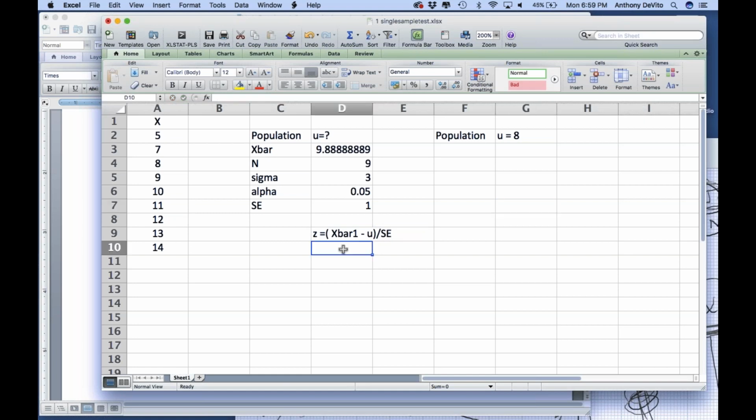So what is z going to be equal to? Z is equal to the number of standard deviations apart that these two values are: 9.88 minus 8 divided by the standard error. Now what's the standard error? The standard error is equal to 1.